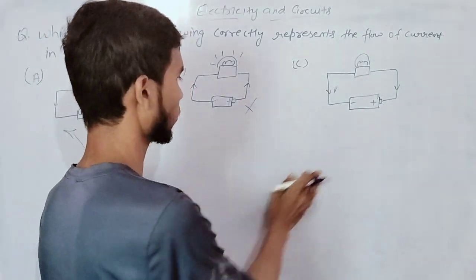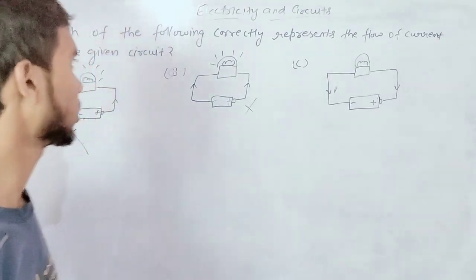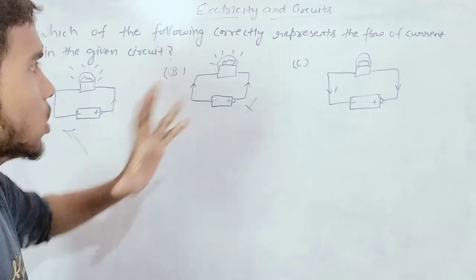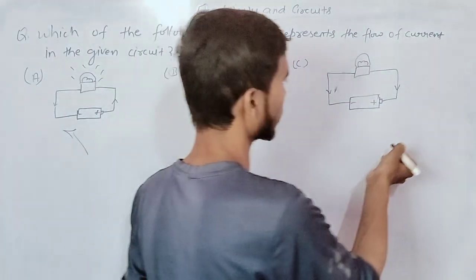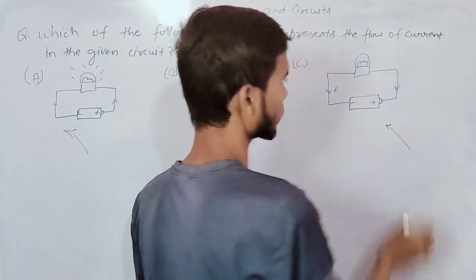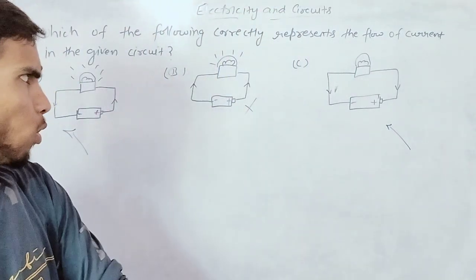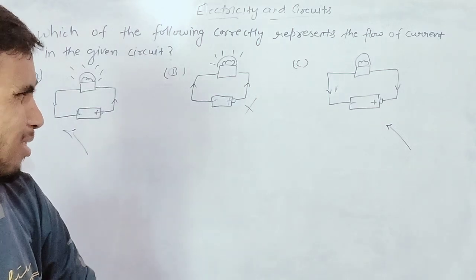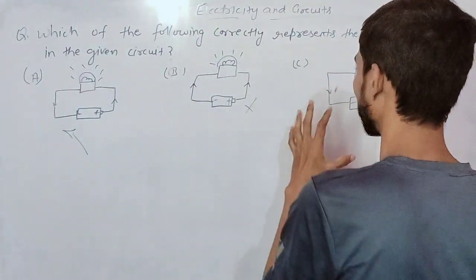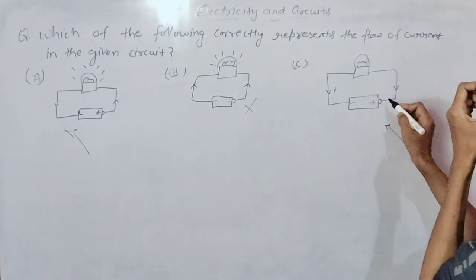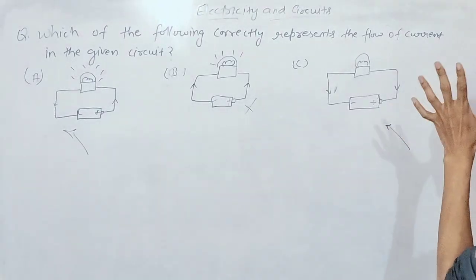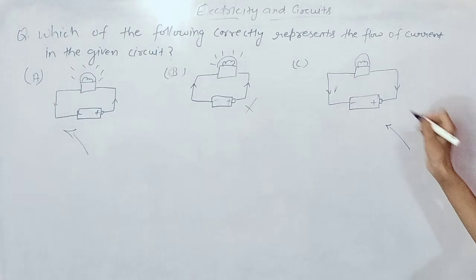So here the flowing of current in this circuit is not correct. Look, it is saying electrons are not starting from the positive terminal in this. So we can say the flowing of current in this circuit is not in the right direction.